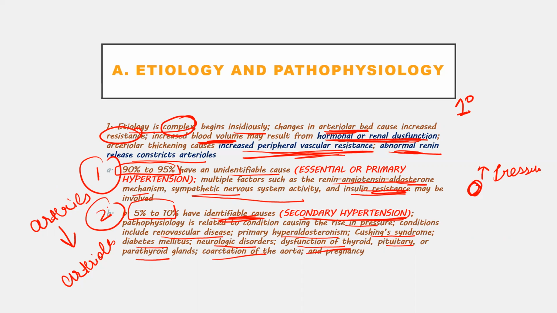It can be due to increased aldosterone level, Cushing syndrome, diabetes mellitus, other dysfunction of thyroid and neurological disorders, and coarctation of aorta. So we know the exact reason, the cause is identifiable, whereas in primary hypertension, the cause will be unidentifiable.